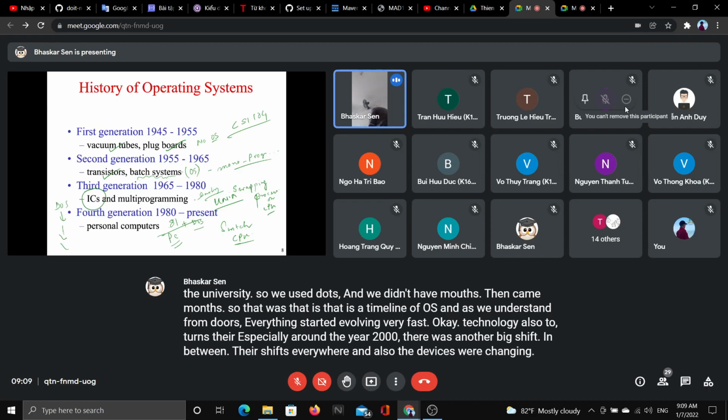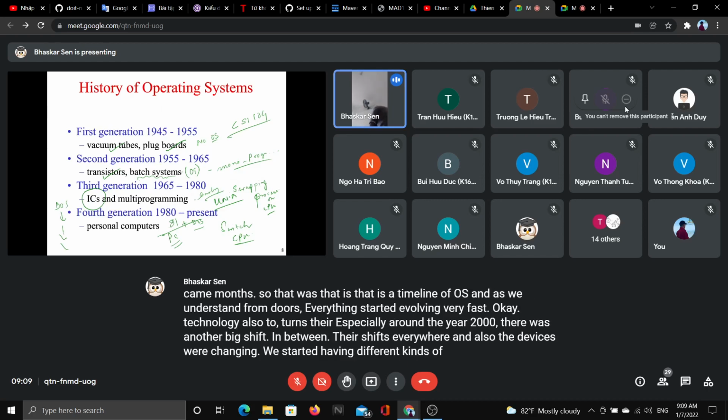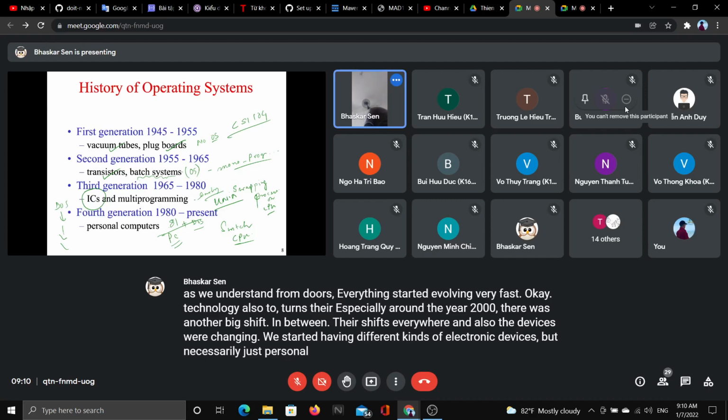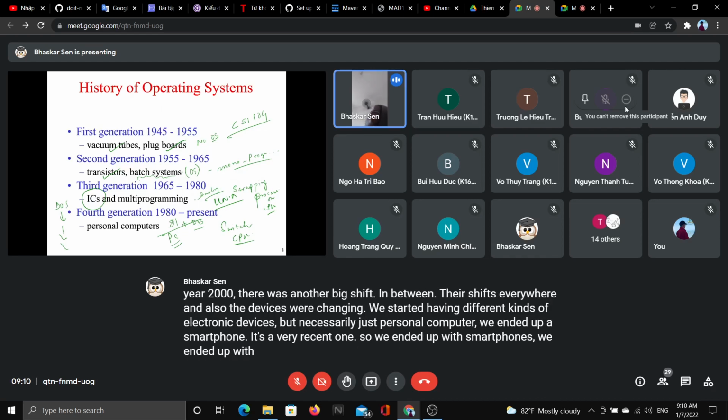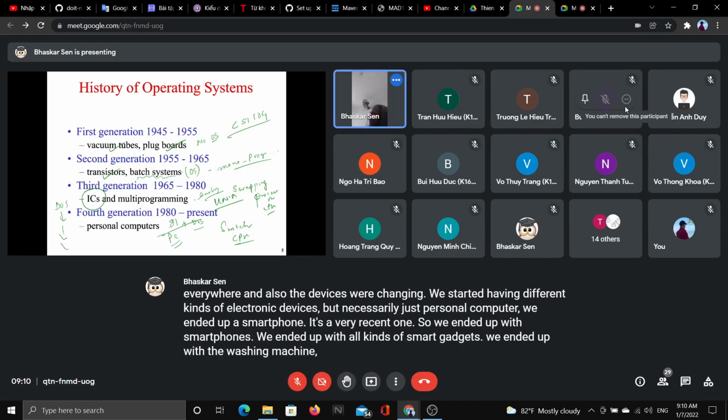We started having different kinds of electronic devices, not necessarily just a personal computer. We ended up with smartphones, a very recent one. We ended up with all kinds of smart gadgets, the washing machine, the electronic appliances, the home appliances.